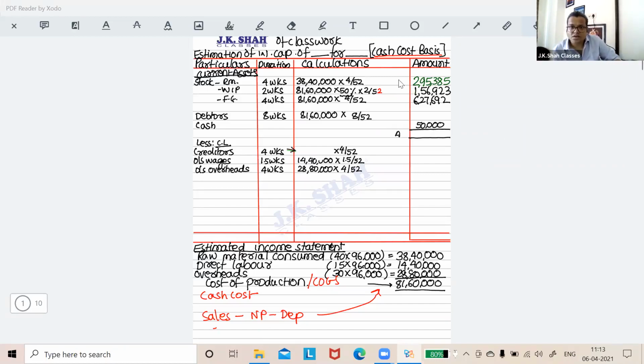This is 12,55,385. So we can take a total of this cash.